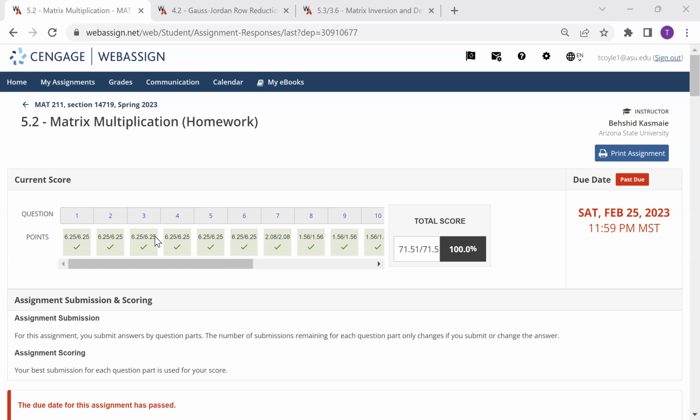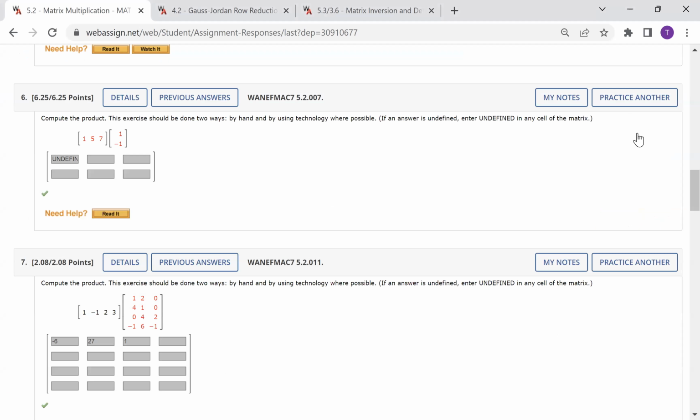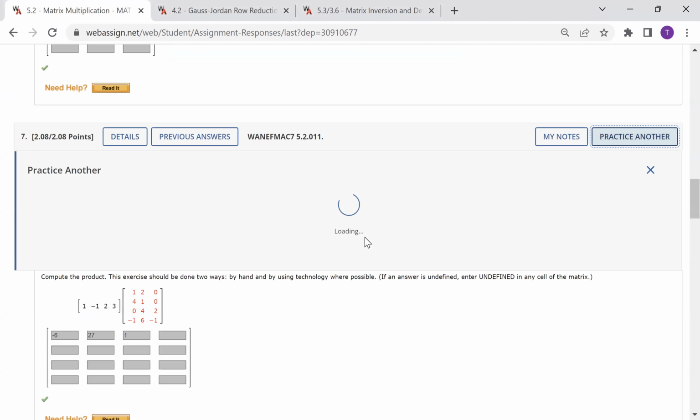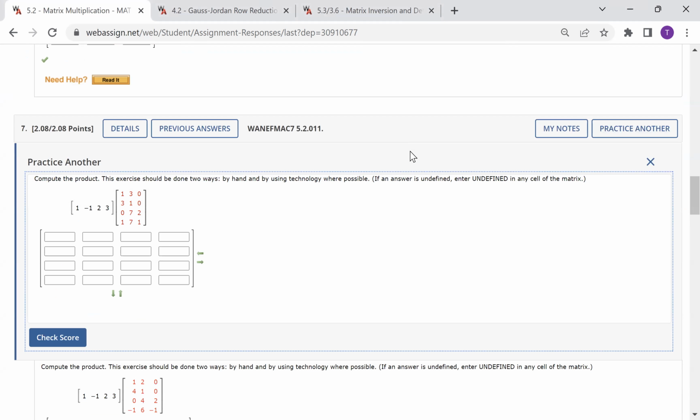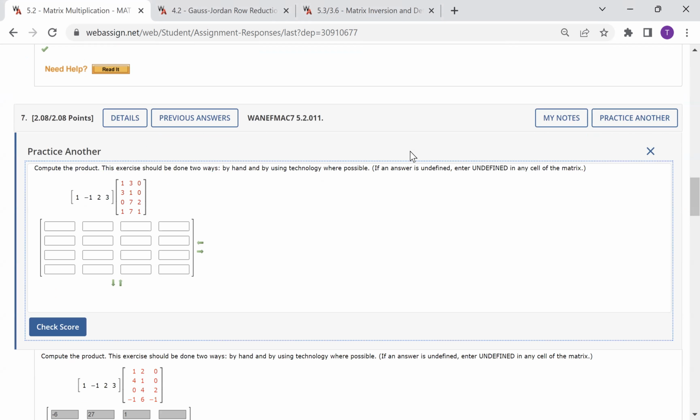Can you see my screen right now? I can. Yeah. Matrix multiplication 5.2. These ones are what are confusing me with the multiplication. Got it. Here we go.